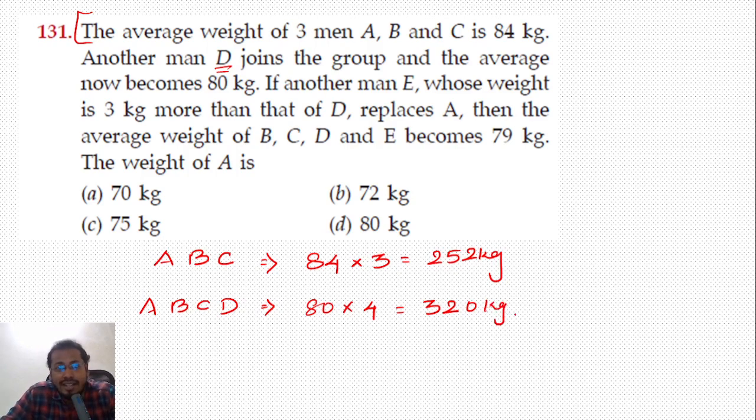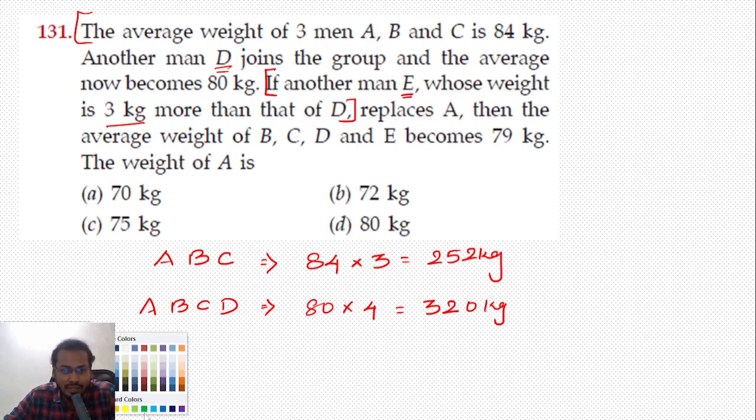Now, if another man E, whose weight is 3 kg more than that of D, replaces A, then the average weight. So look at this statement first. If another man E whose weight is 3 kg more than D, that means first I want to find D. Okay, look at the difference between these two. இதோட டிஃபரன்ஸ் என்னன்னு பார்த்தீங்கன்னா தெரிஞ்சிடும். ஸோ இங்கே 3 பேர் இருக்கும்போது 252 இருந்தது.